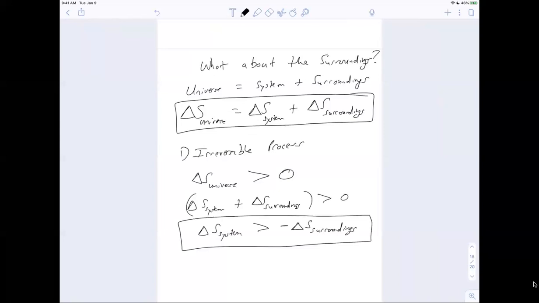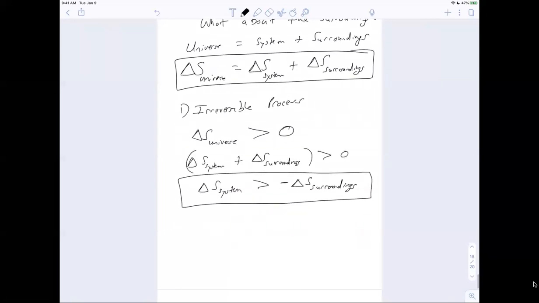So in the case of delta U, for instance, delta U of the surroundings is equal to minus delta U of the system. In this case, for entropy, it's a little different. And so you have to keep that in mind. Note, delta U of the universe is equal to, what is the delta U of the universe?